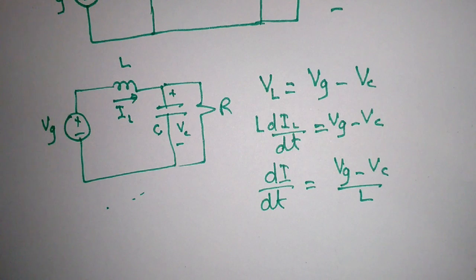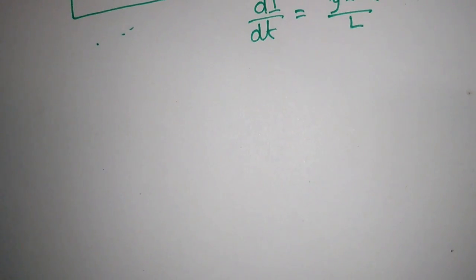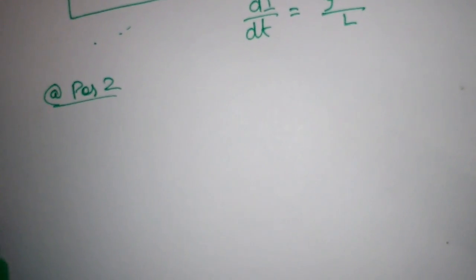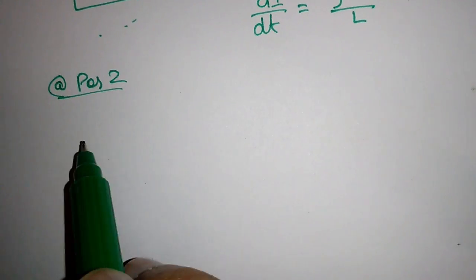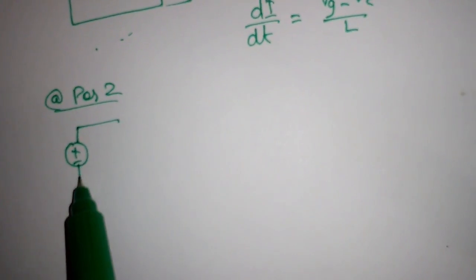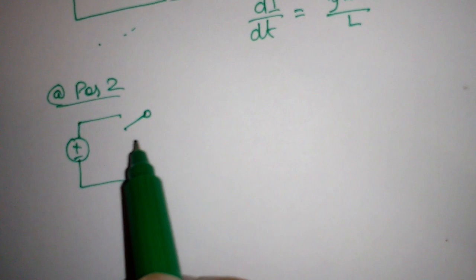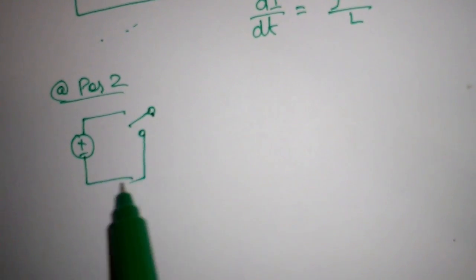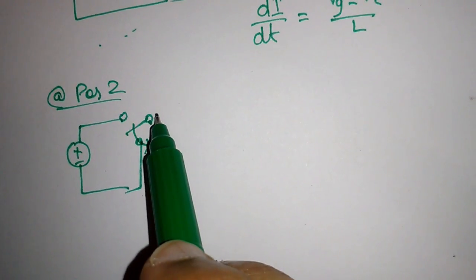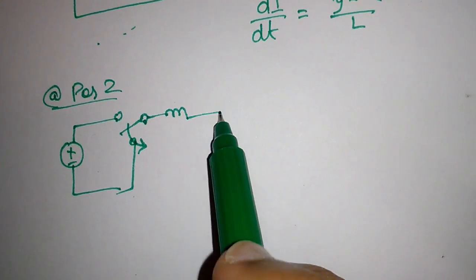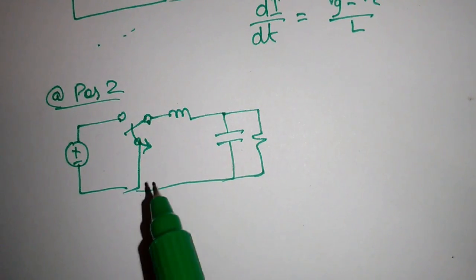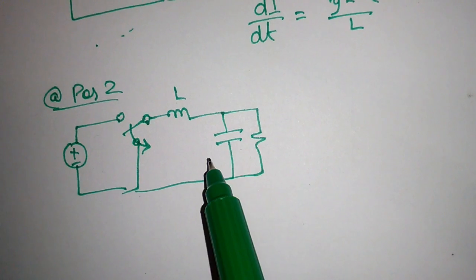Now when the switch is at position 2, we see that the circuit is this. We see that it is just like a parallel RLC circuit.